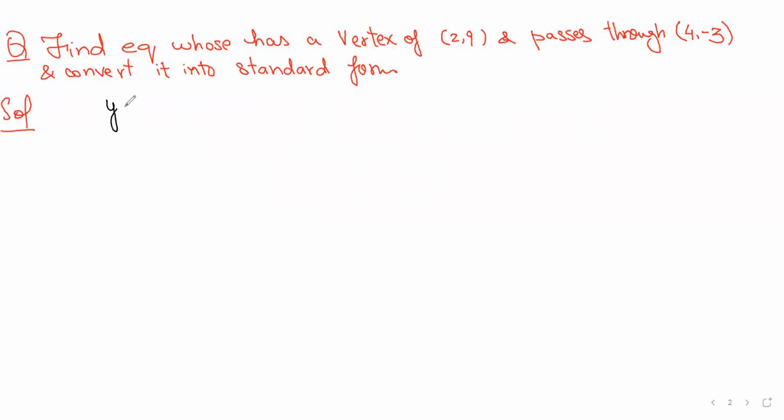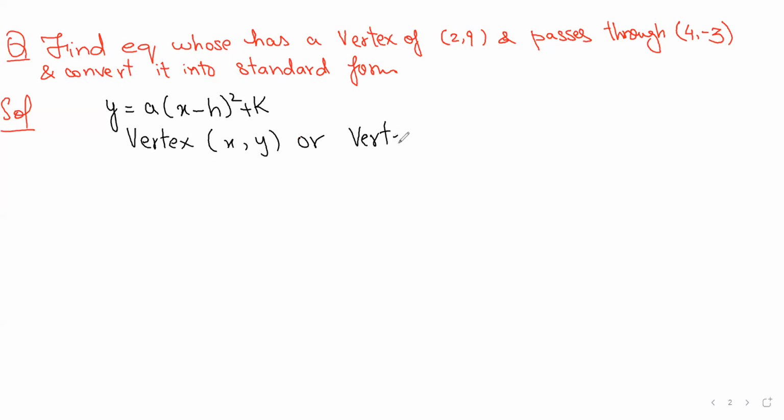The general equation for the vertex form is y equals a times (x minus h) whole squared plus k. This is the general form. Now we know very well that the vertex is actually x and y. So h is actually the x value and k is actually the y value. We can also say that the vertex is equal to (h, k). Both mean the same.